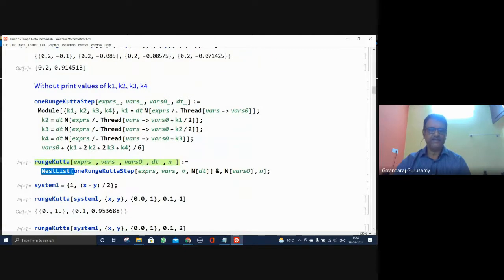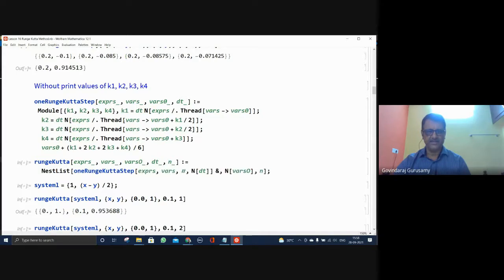Take the previous result and put it into the first calculation. That can be done by adding a number n, which is the number of times you would like to repeat. So one step has these variables defined here, that is the input. For multiple steps, add this n and make a nest list of one step, n number of times.